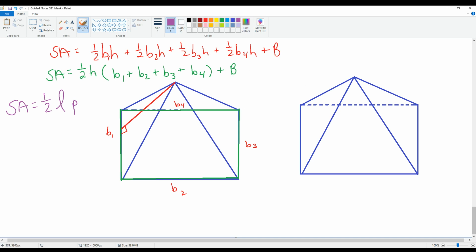And notice that it came from the area problem of the triangle. It's the height of the triangle, but it is the slant height, the slanted height of the pyramid. And then lastly, bring down the capital B. So this right here is the formula that we will use, and we'll put this in the notes in just a second. We will use that formula for surface area of a pyramid.